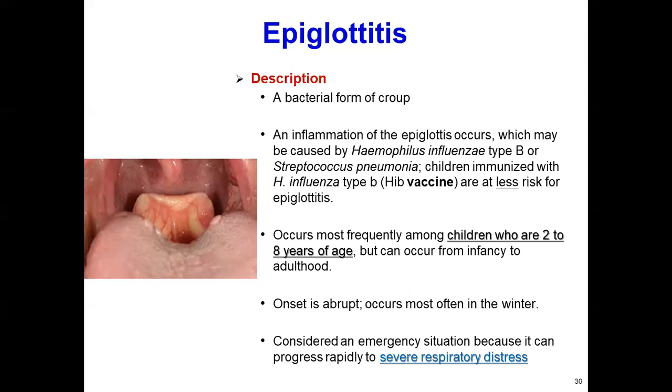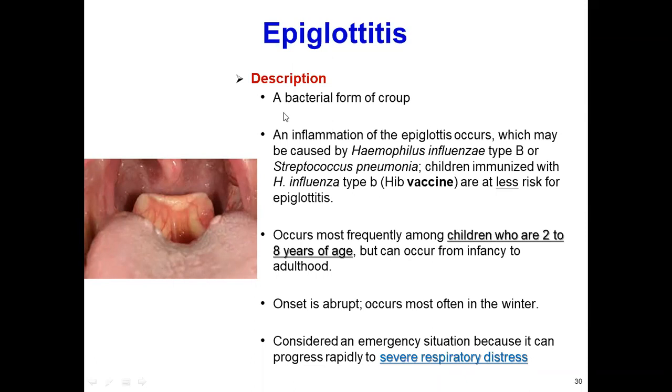Epiglottitis is a life-threatening medical emergency, and the patient needs immediate hospitalization, needs oxygen, and we protect the airway, maybe need tracheostomy. Let me read this page first.